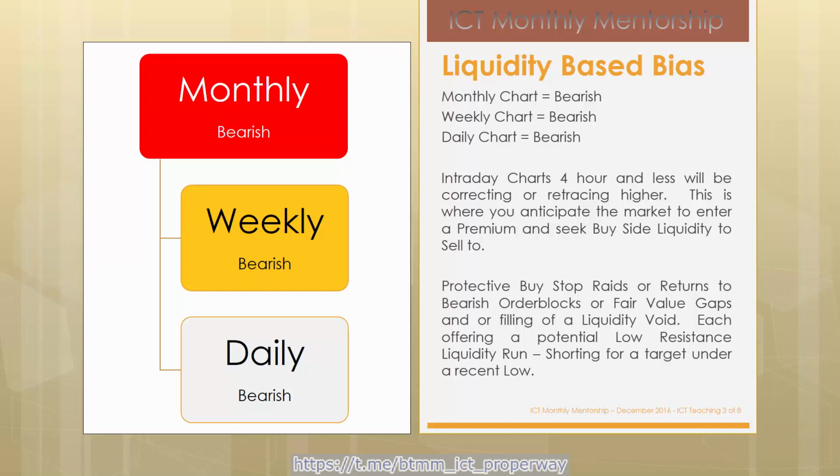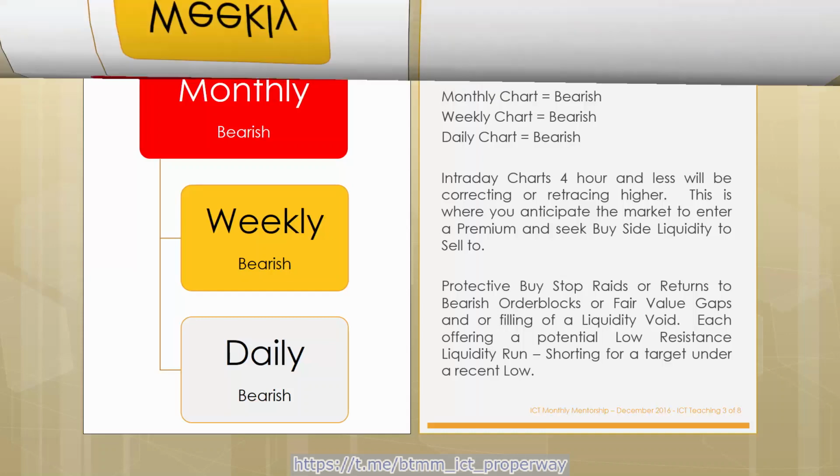So the weekly chart will require a lot longer time period to change direction versus the daily chart that can go up and down multiple times and still maintain the bearish nature of the weekly and the monthly. And obviously the monthly takes a long time to change directions, and that's where the power of what I'm going to teach you in this module will give you.